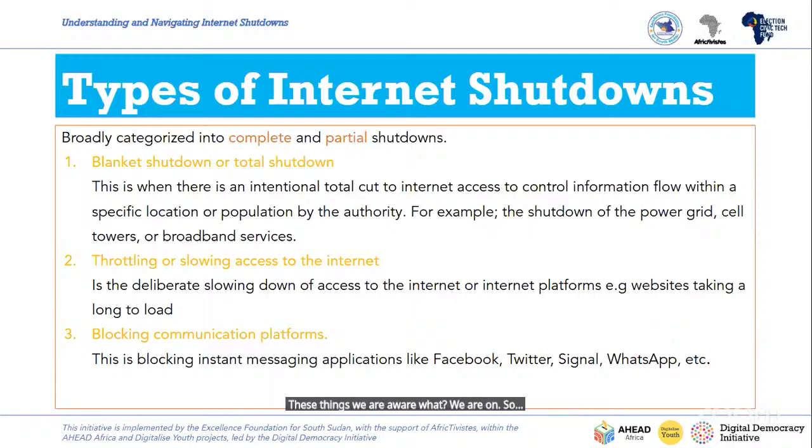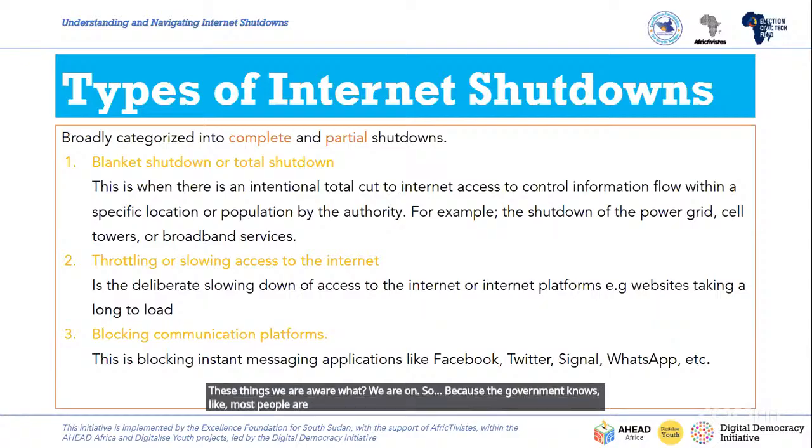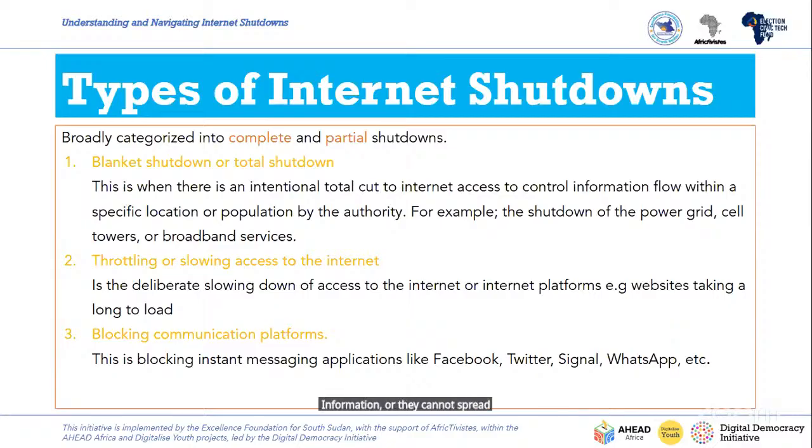The government knows most people are on these platforms, these messaging apps. So sometimes it blocks only these apps, so that people cannot share information or spread rumors, and they achieve their goals.